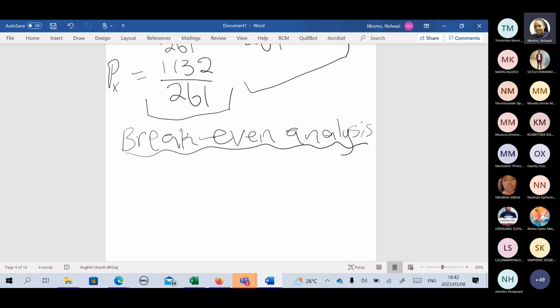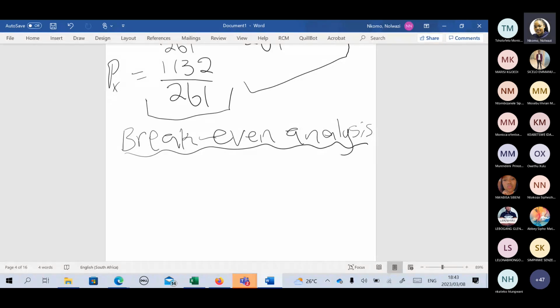And if you know how much of the product you need to sell in order to cover the total cost, that means you will have an idea of when you are going to start making a profit, right? And that point is called the break-even point.